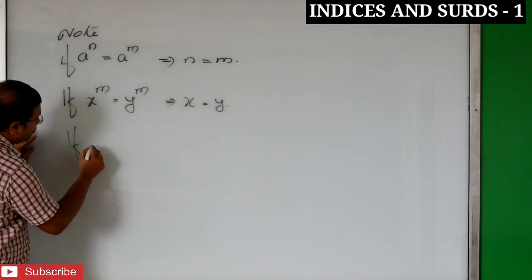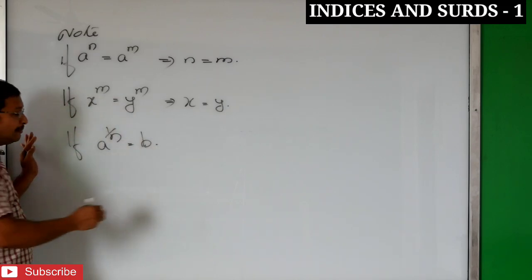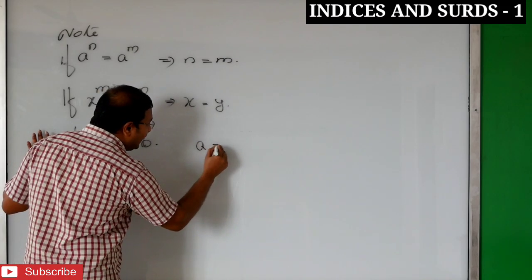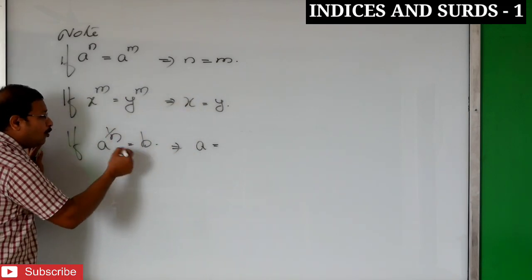Again, if a raised to 1 by n equals b, then you can write a equals b raised to n, because this power 1 by n goes to the next side.